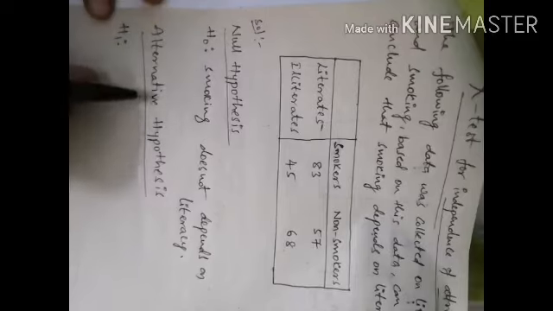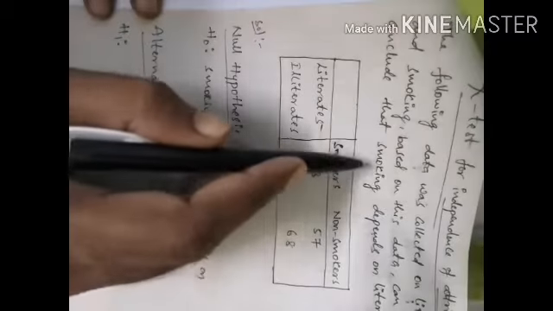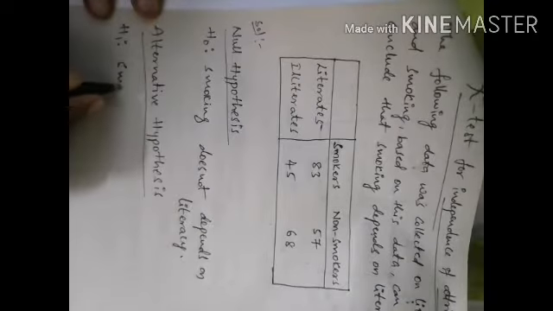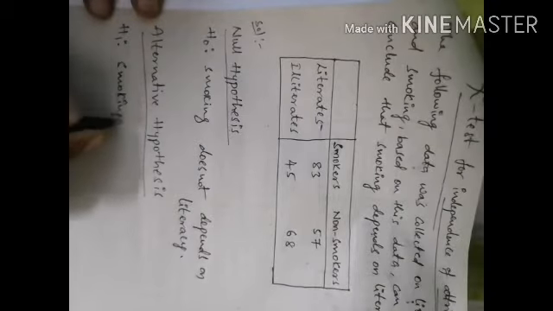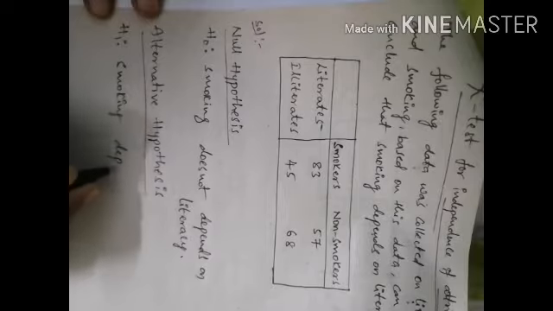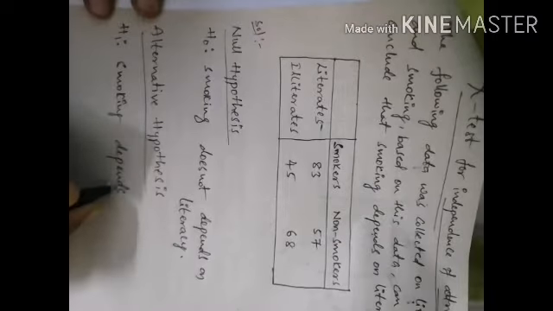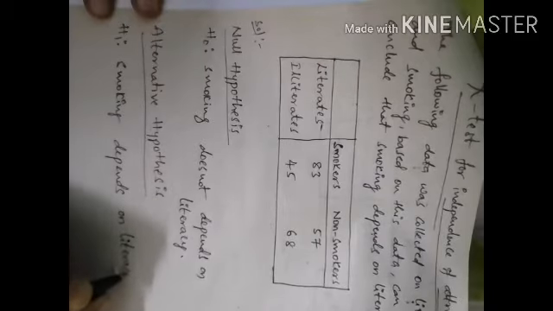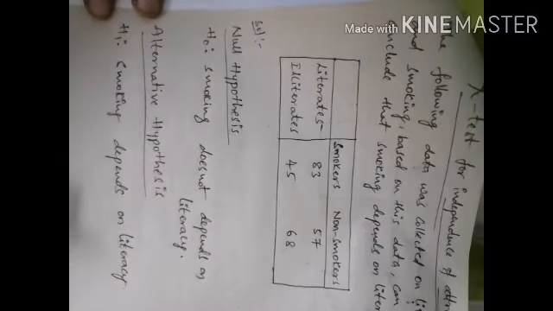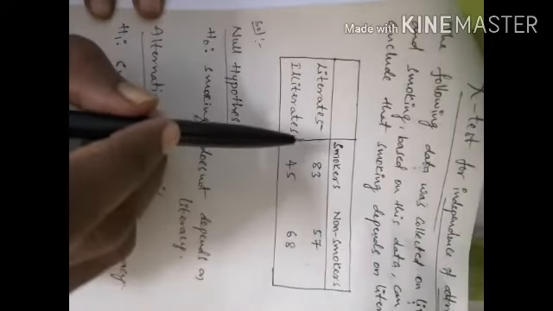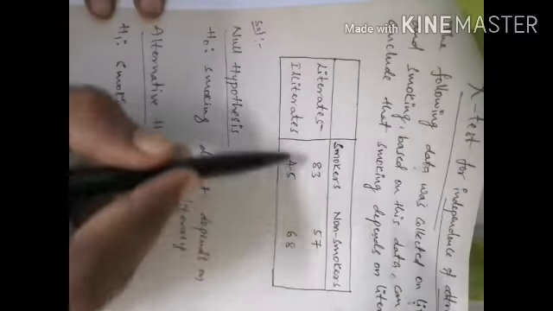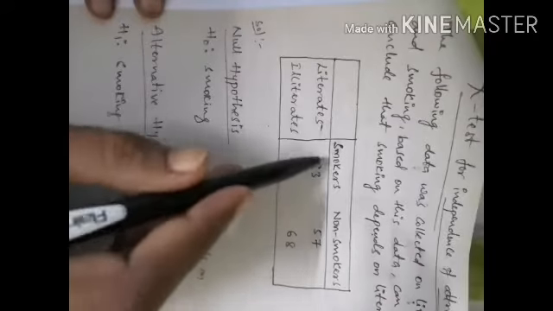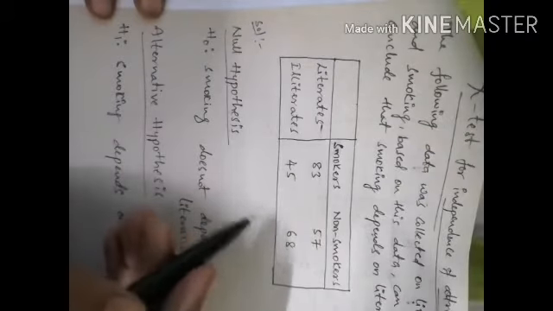Now the alternative becomes the opposite of this one, which is given in the question as it is. Smoking depends on literacy, right? So here see, the question is in the form of a 2 cross 2 matrix. Here only 4 values are given, so a 2 cross 2 contingency table is given.